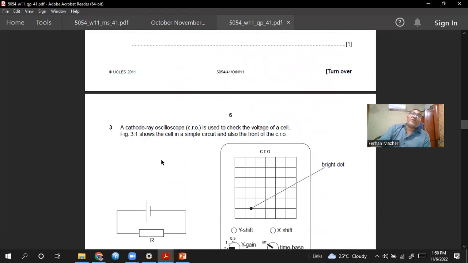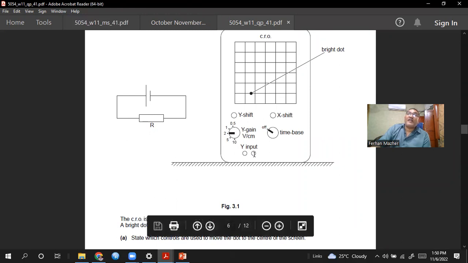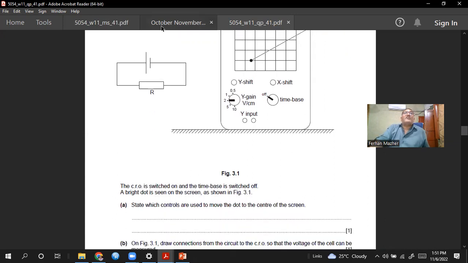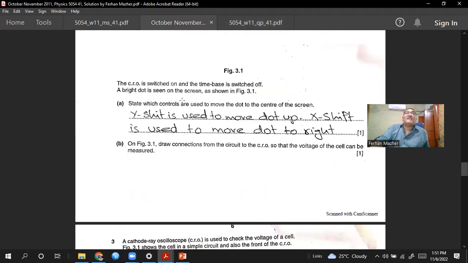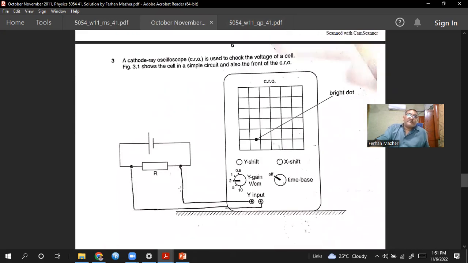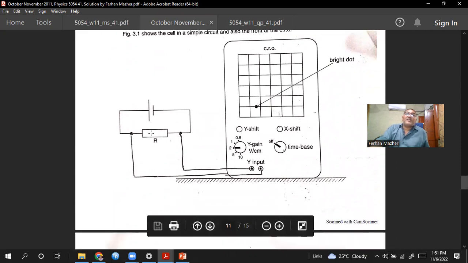So from here, I will take one wire and put it here, and one wire from here and put it here. You put the connections into the Y input and the display of that voltage will be shown on the CRO. So let me show you, we have to draw this. Here you can see I have done the connection from these two ends to the Y input.